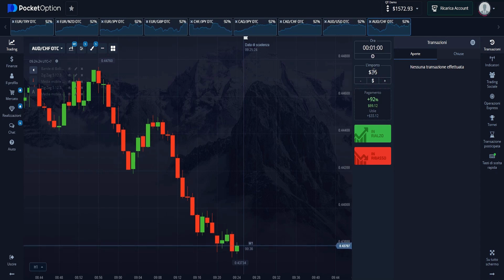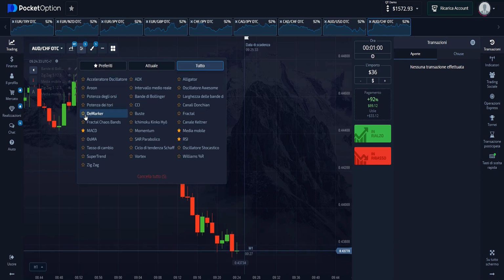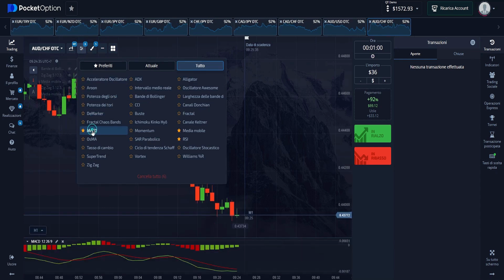Let's try a simple strategy by adding indicators. A MACD indicator and two moving averages.